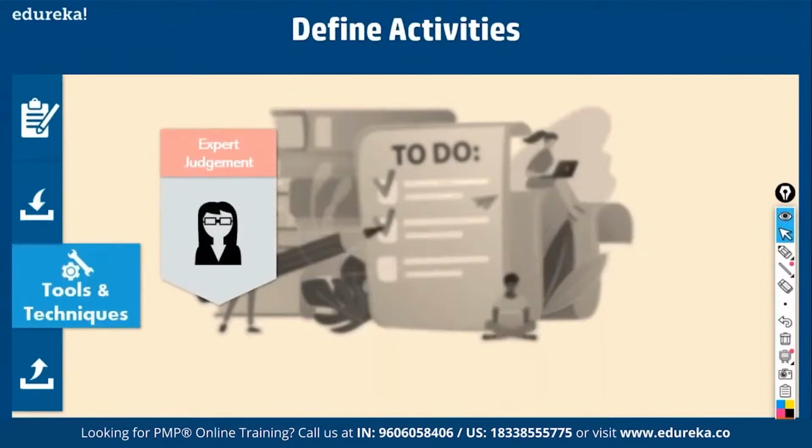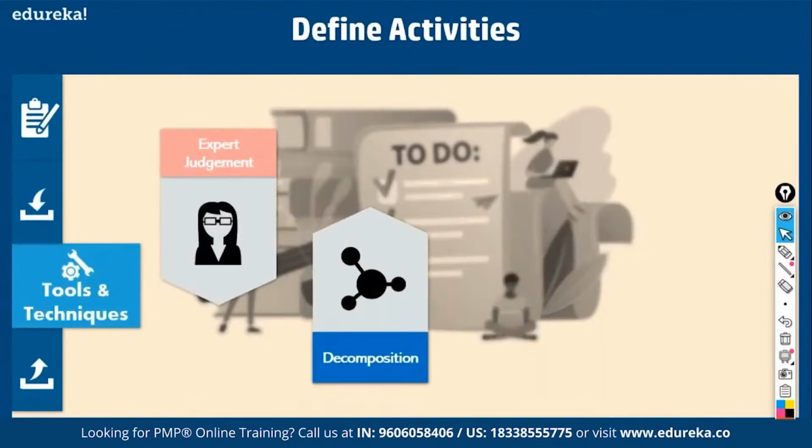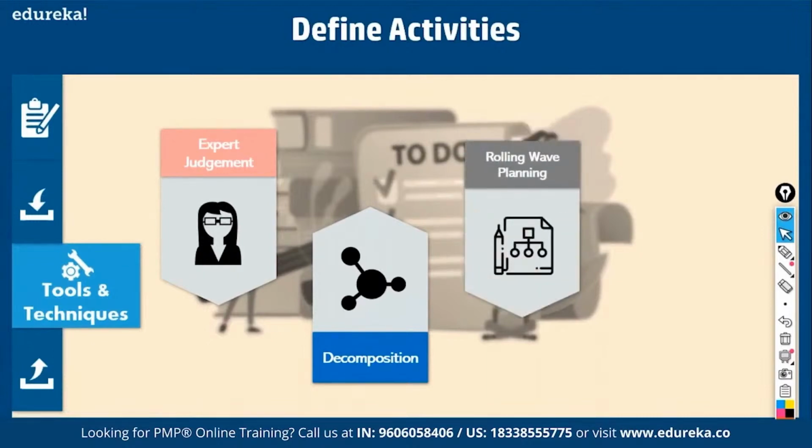Then what are the tools and techniques? Expert judgment, how to define the type of expertise you require. Decomposition, what is decomposition? Breaking it down, right? And rolling wave planning. What is rolling wave planning? See, this is a very interesting concept. In waterfall projects, we have projects that may run for 12 months, 24 months, and so on, isn't it? We cannot plan for the entire 12 months right now. You will plan for short durations of 3 months or 2 months, whatever it is, depending on the complexity of the project.